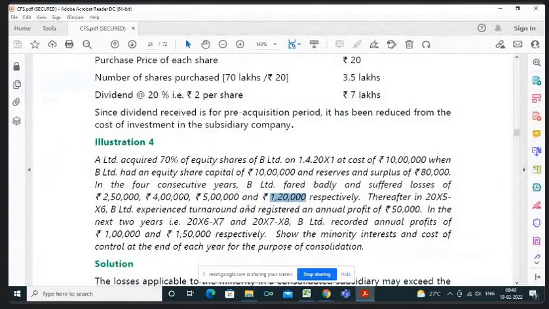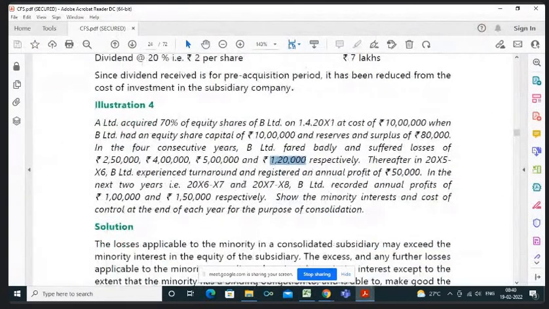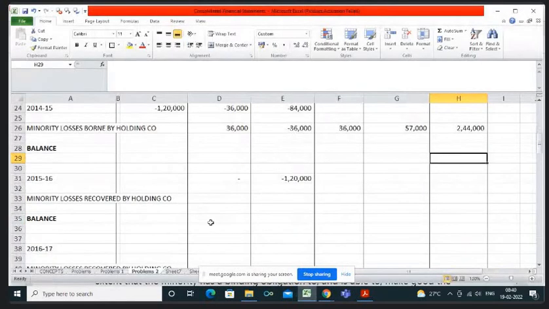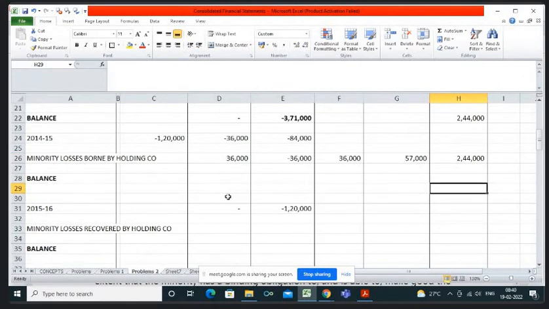Fortunately, the loss years are over. Now we are moving to the profitable years, but very meager profit of 50,000. So in this year, what happened?